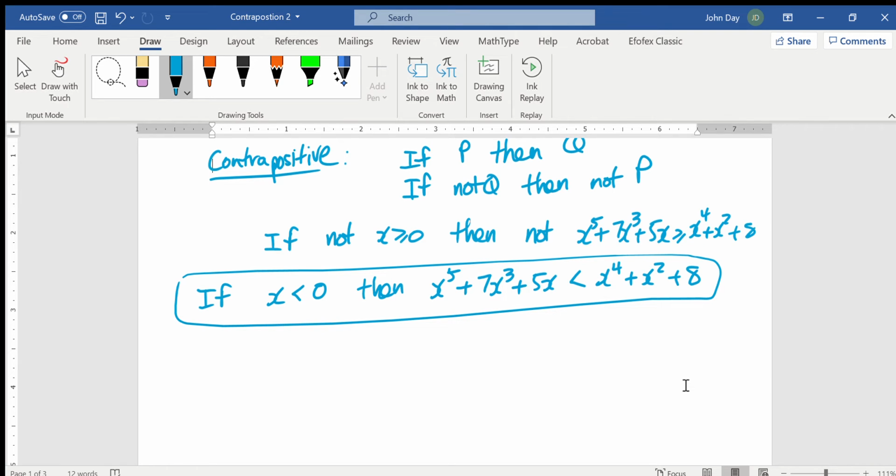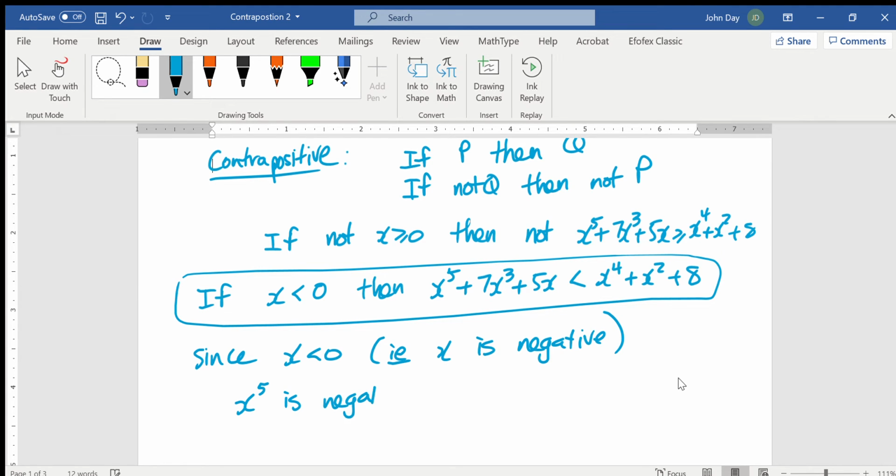It looks like, since x is less than 0, i.e. x is negative, x^5 is negative, because when you power up to an odd power, if you put a negative number in, you'll get a negative answer. x^3 is negative, and of course x is negative.